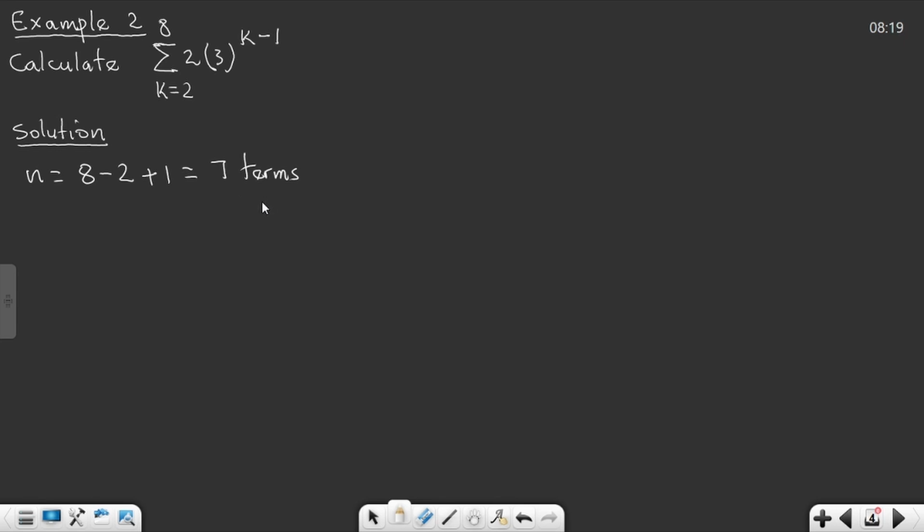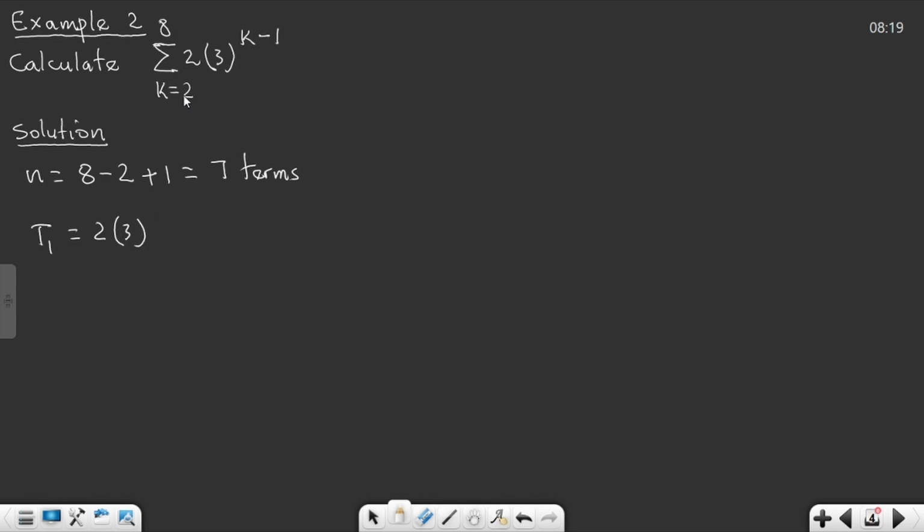Okay, now we need to decide which type of series we are going to get from this. So let's find T1, T2, T3. At least we must find 3 consecutive terms in order to decide the type of series we are dealing with. So T1 will be using this general term in front of the sigma symbol. It's 2, you have 3 there, to the power of k.